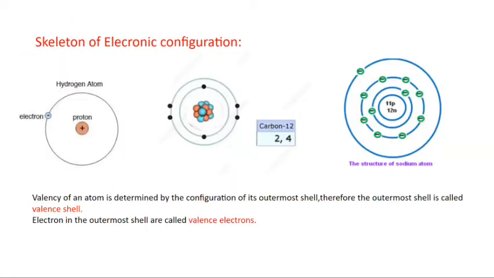Proton means nucleus part and electron means extranuclear part. So one proton is present in the nucleus, and the electron revolves around this nucleus. So for hydrogen atom, one electron is present in the first shell.